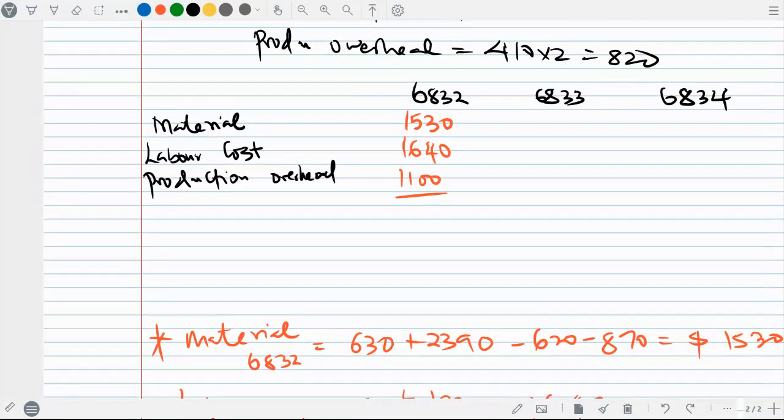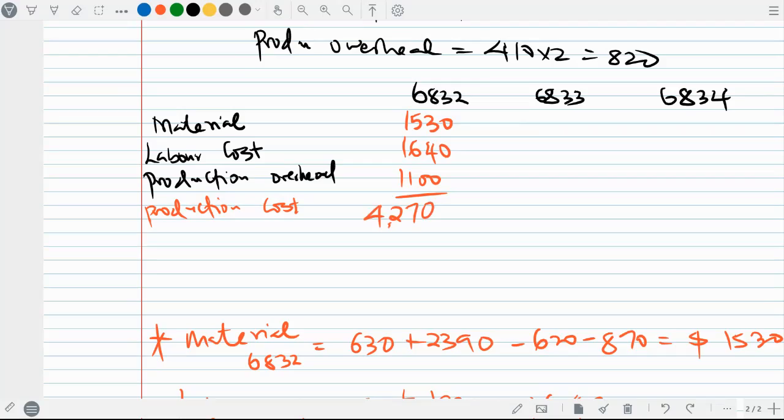That gives us for production cost how much? 4270.